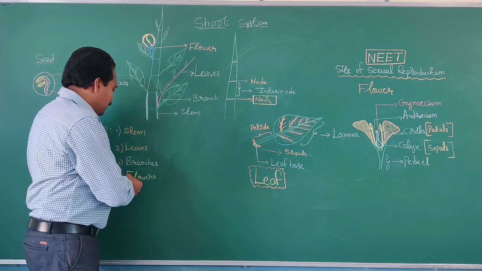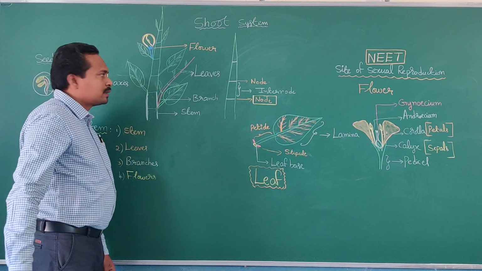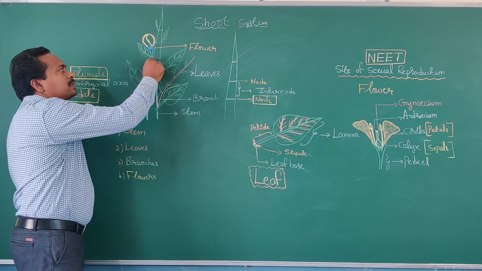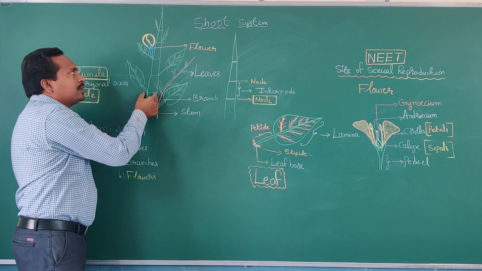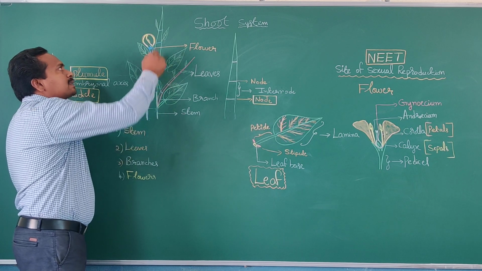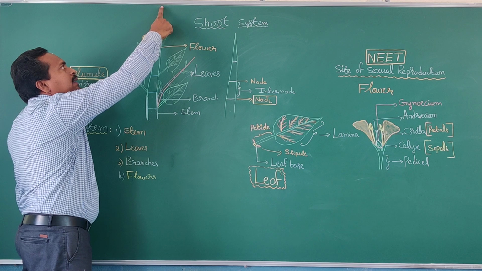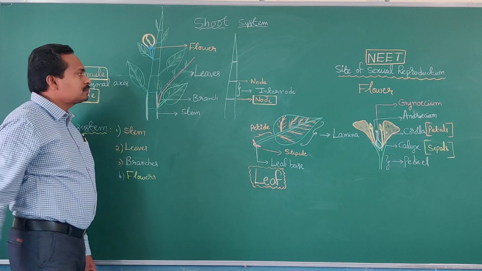Okay, next we have to know about the flowers. The flowers are developed at the axil of the leaf in some plant species, whereas in some plants the flowers are developed from the terminal region of the stem.